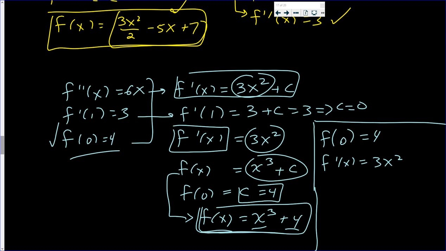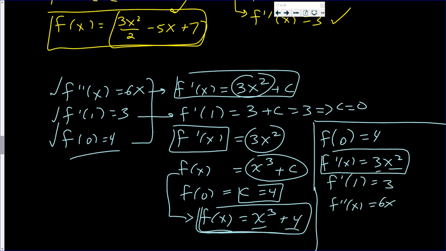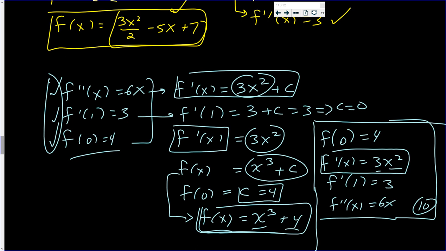Wow, I got it. If this is 10 points, I know that I got the 10 points. And it wasn't that hard to check. If you didn't get all 3 of these, and you couldn't find your error, well, you know you lost some points. Hopefully not too many.